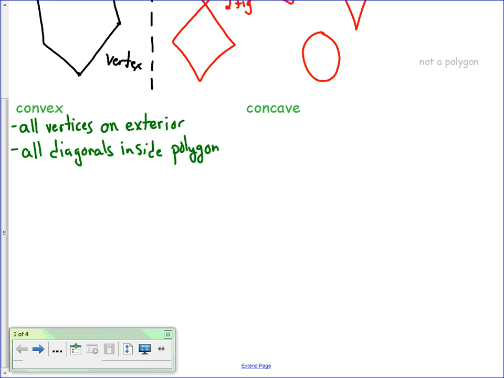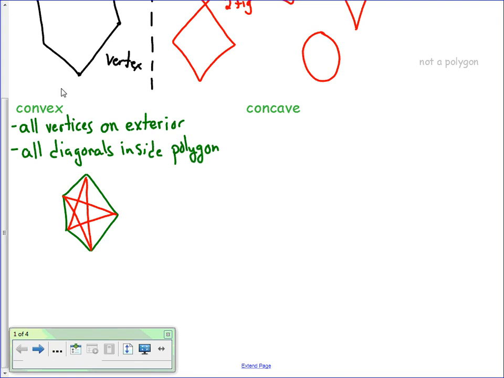So if I look at something like this, for example, if I were to draw any of these diagonals from one vertex to another vertex, I would see that they are in fact all inside. I do not leave the polygon. That is convex.